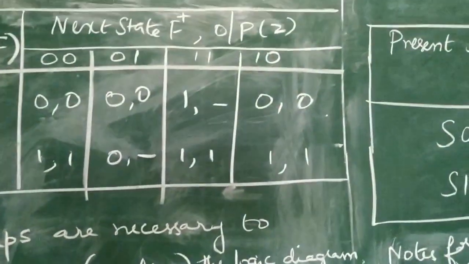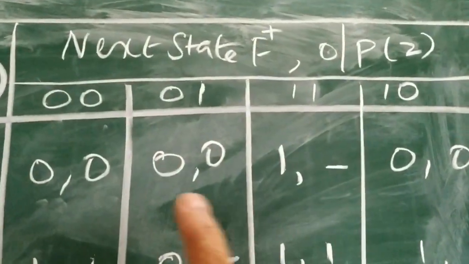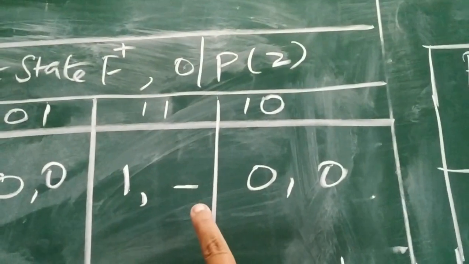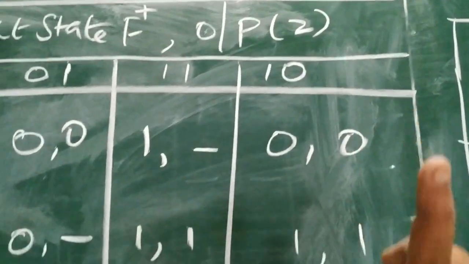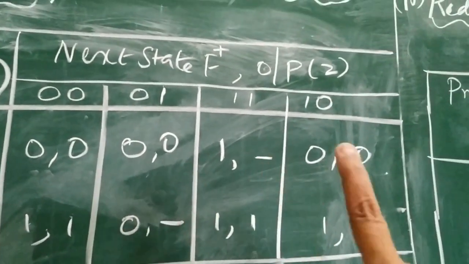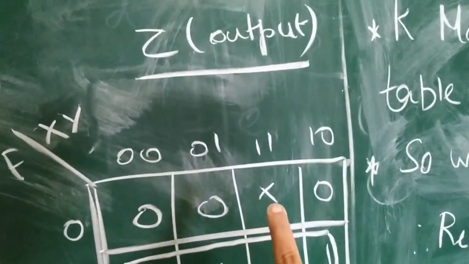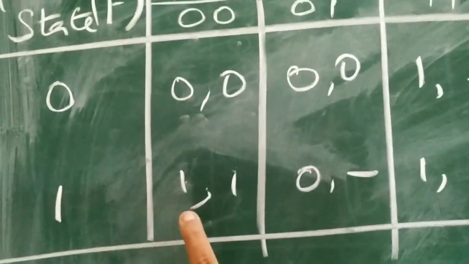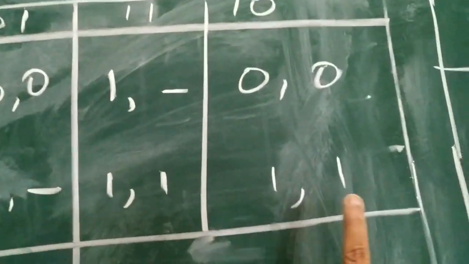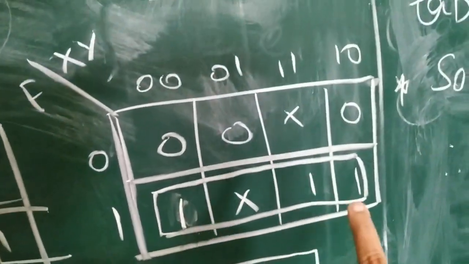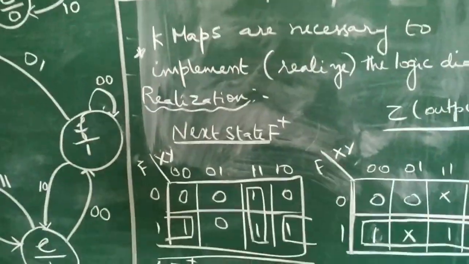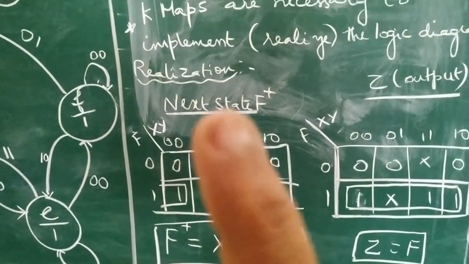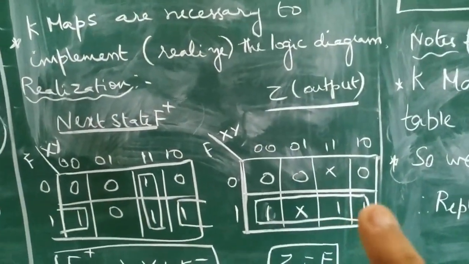Similarly for the outputs, see the second values 0, 0, for a dash put a don't care, 0. 0, 0, don't care, 0. And then 1, don't care, 1, 1. So the realization for next state F plus and Z, the output, is done.